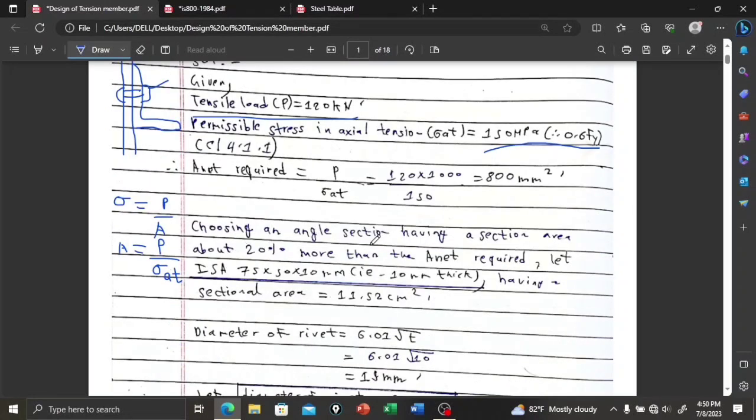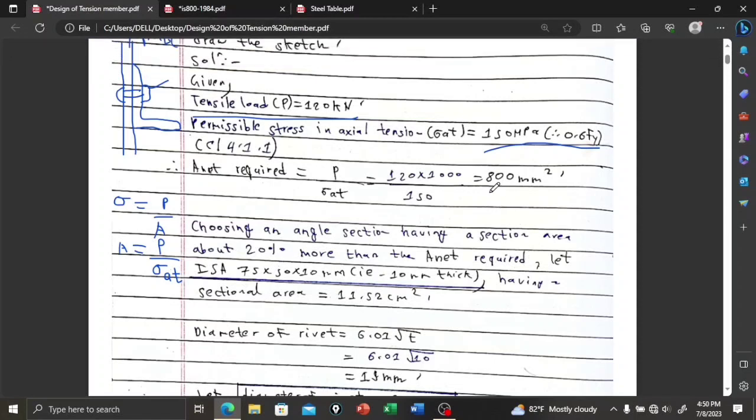Choosing an angle section having a section area about 20% more than A net. This is A net, 800 mm square, about 20% more than the A net.